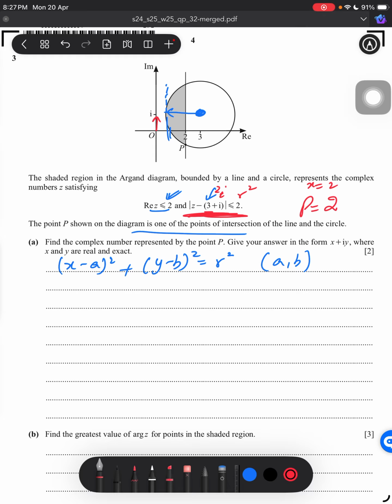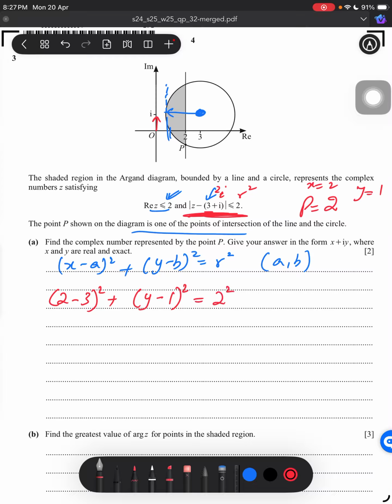So now x would be 2 and y would be 1, and we can plug in the values: 2 minus a, which is just 3, and y minus b, where b is just 1 because of the i's value, equals 2 squared.